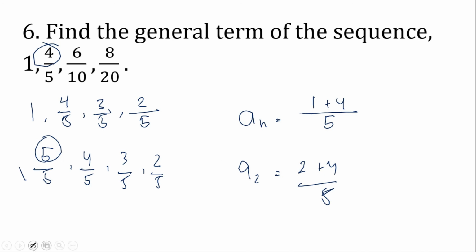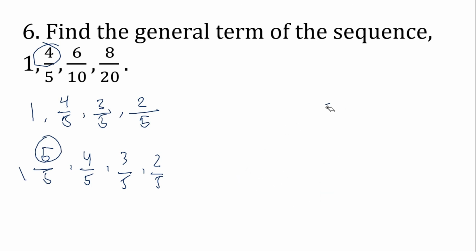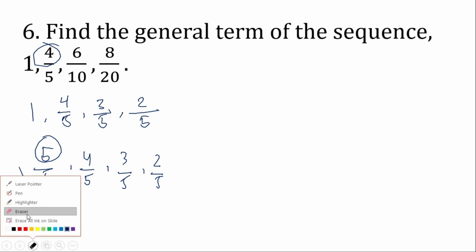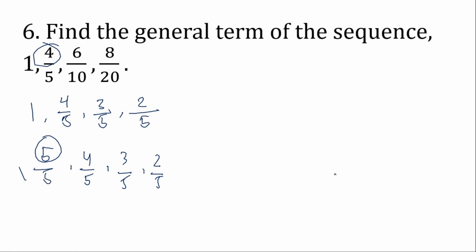Now let's try another one. Let me erase this first. We know that our formula should be a sub n is equal to something over 5 because 5 is constant. So what we need to do next is think of what we're going to do to n to make it 5.